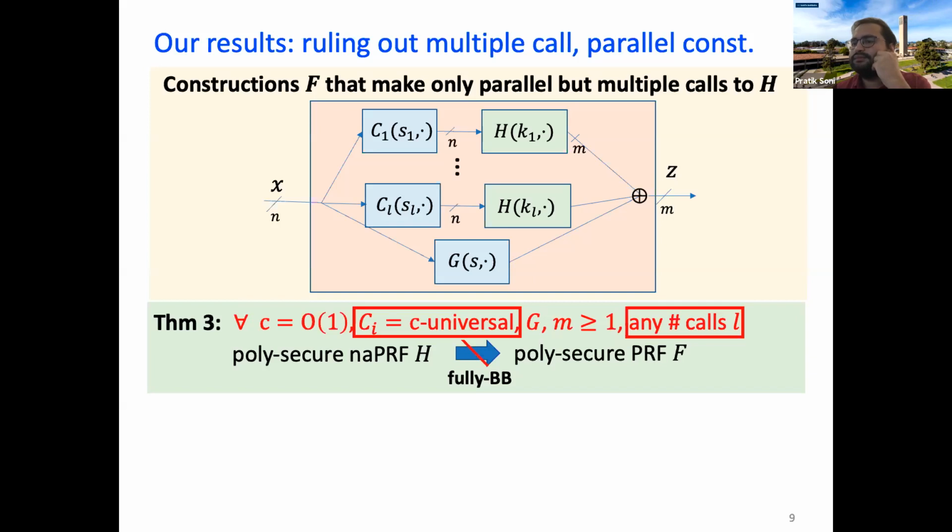I see. But presumably if you had an n-universal preprocessing and you made n calls, then your theorem statement will not apply. Yeah, our theorem statement only applies for constants. It's not clear what happens when you go beyond, even for super constant universality. It's not even clear whether our result would hold.